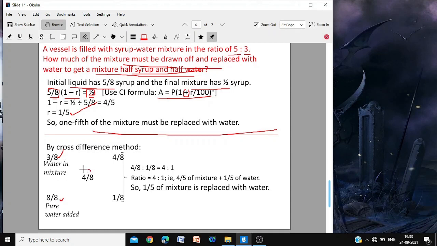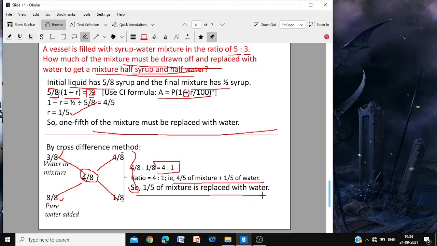That 1/2 we are writing as 4/8 in order that the denominator may be 8 everywhere. So 3/8 and 4/8, the difference is 1/8. 8/8, that is 1, and 4/8, the difference is 4/8. So the ratio we are getting is 4:1. So 4:1 means 4/5 of the mixture and 1/5 of water. So 1/5 of the mixture is replaced with water.